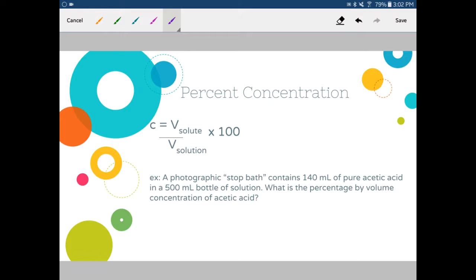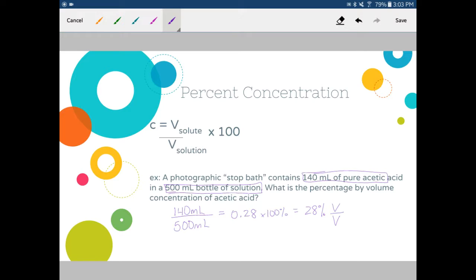We have our solute divided by our solution: 140 milliliters of our solute divided by the 500 milliliters of our solution. This equals 0.28. Then we multiply by 100% to equal 28%, and we would record this as 28% volume over volume.